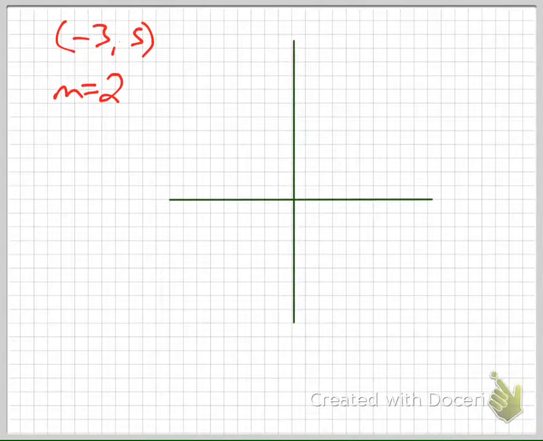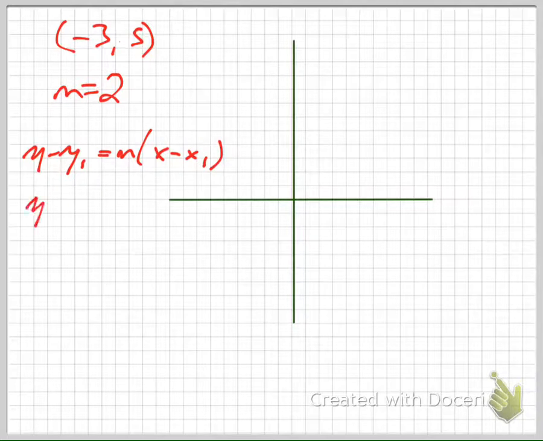Write it in slope-intercept form, or I would do it in point-slope form. y minus y1 equals m times x minus x1. y minus 5 equals 2 times x minus a negative 3.